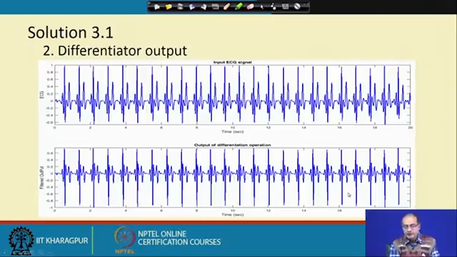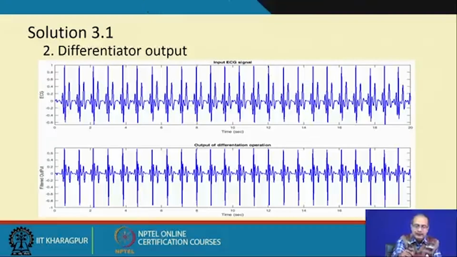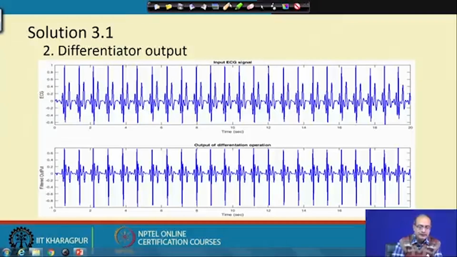So, here now we get the output of the differentiator filter, and what we notice, if we look at a single waveform and the corresponding output of the difference filter, is that the P and the T wave, okay, have got subdued.